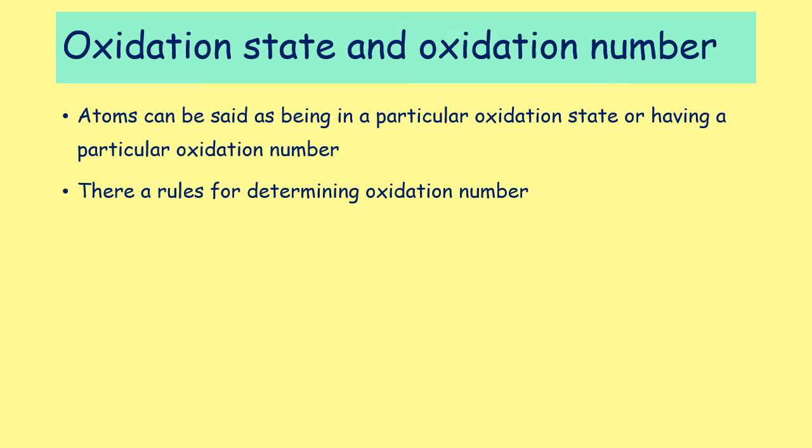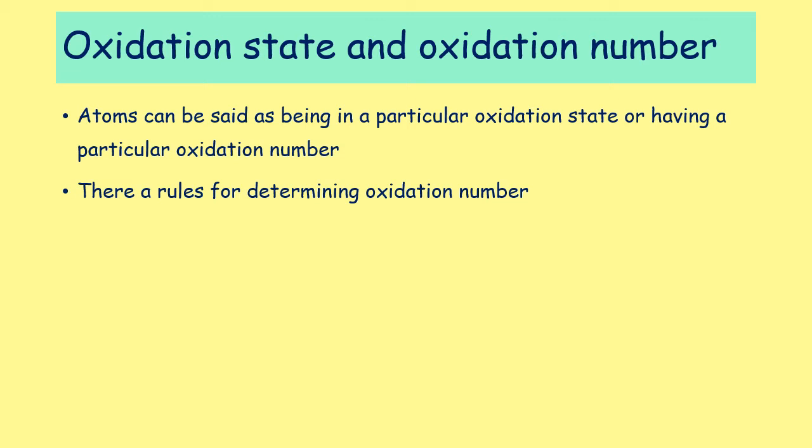Now, we were talking about transition metals forming ions, and this is where we get into our understanding of the terms oxidation state and oxidation number. So whenever an atom forms an ion, it's described as having an oxidation state or an oxidation number.